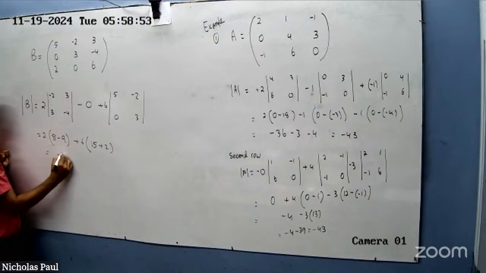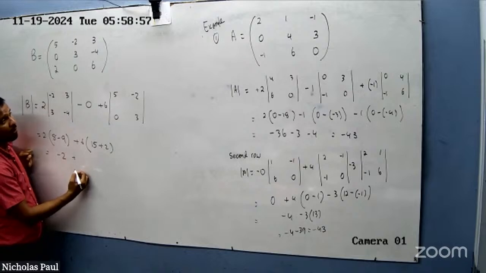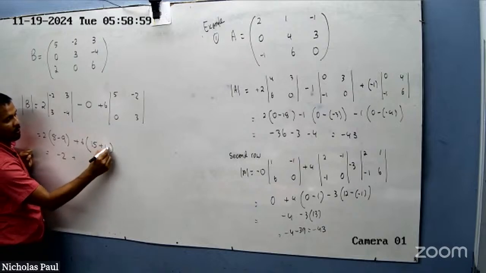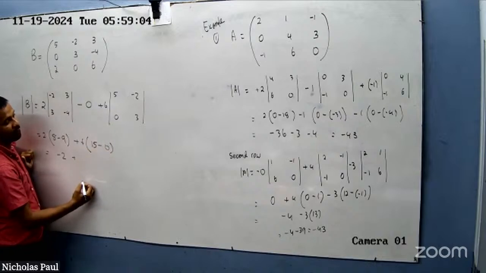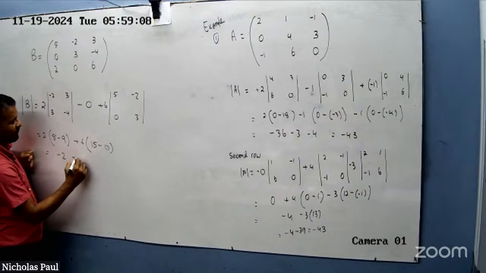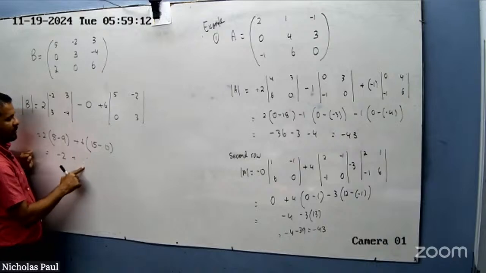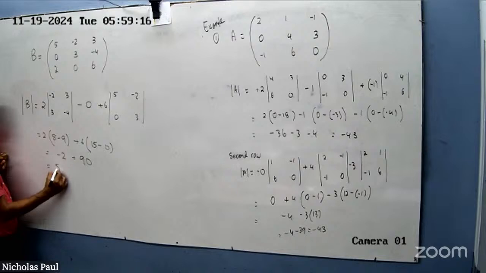So I have -2 here. Here, I get 0. And then I have 6 by 15, that is 90. -2 plus 90 is 88. Okay?